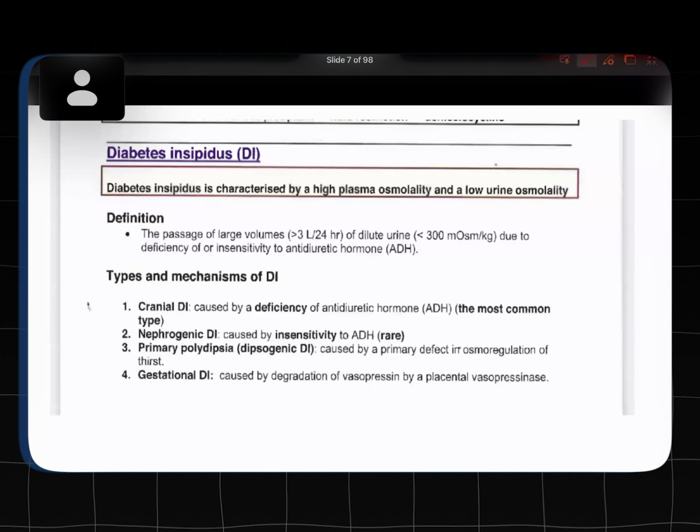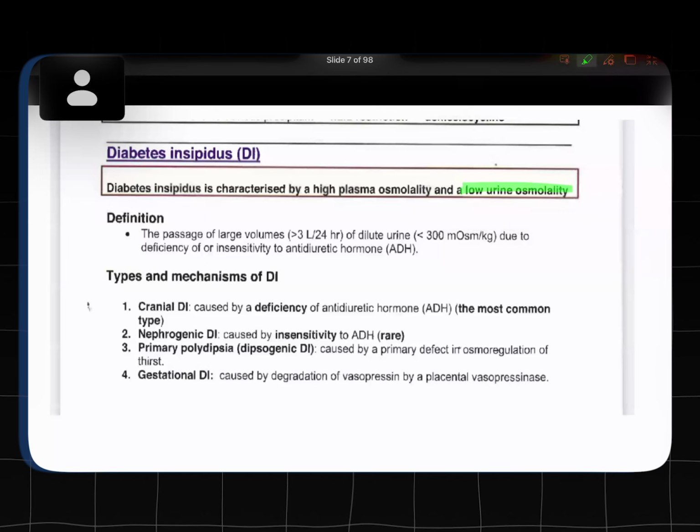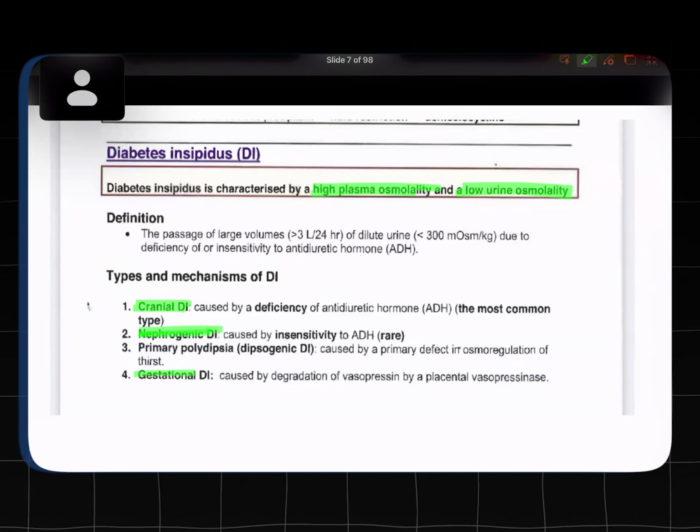Okay. Secondly, diabetes insipidus. Diabetes insipidus I have already discussed. That is, there will be low urine osmolality and lots of urine, along with a high plasma osmolality and an increased sodium. Diabetes insipidus can be cranial diabetes insipidus, nephrogenic diabetes insipidus, and another type is gestational diabetes insipidus.